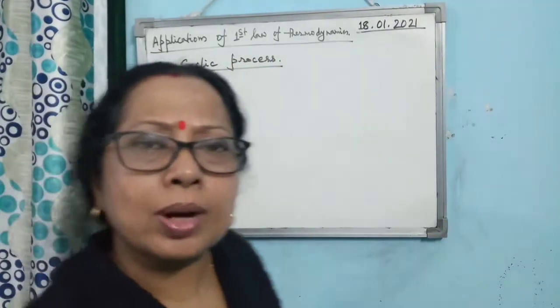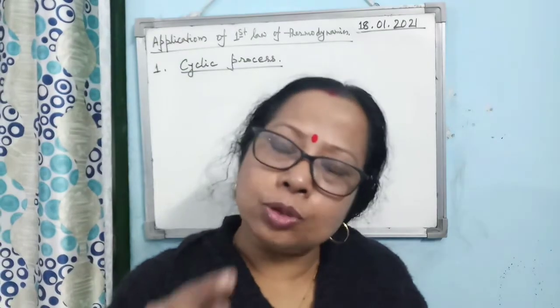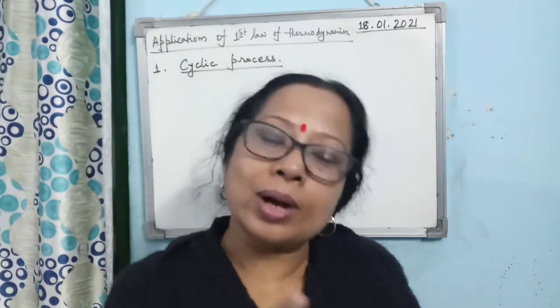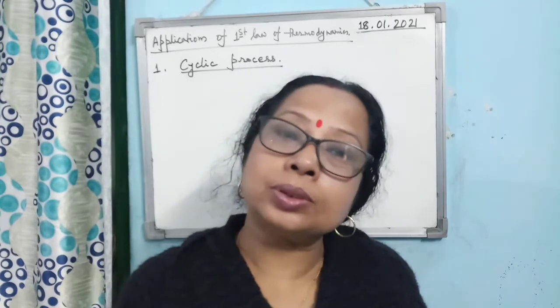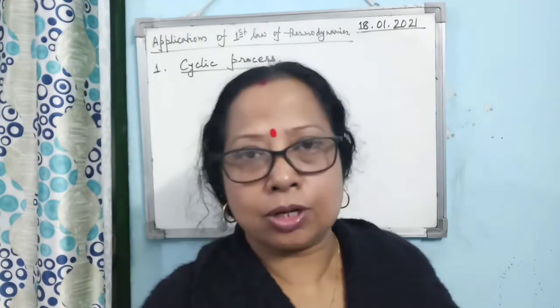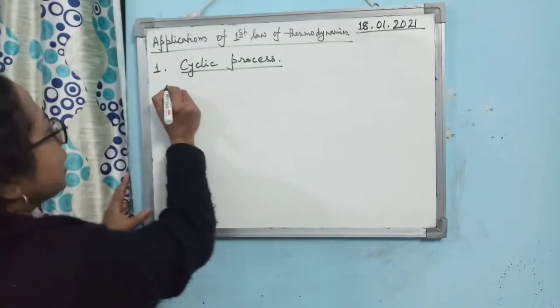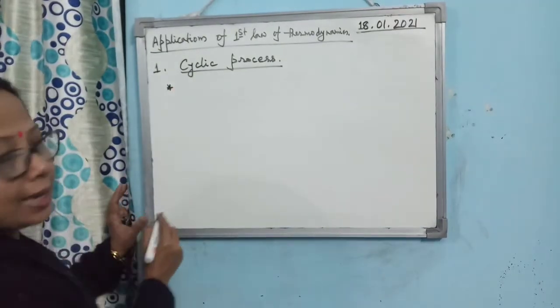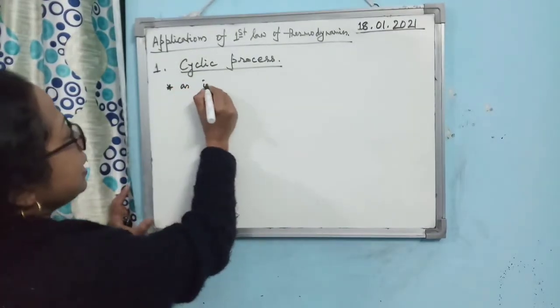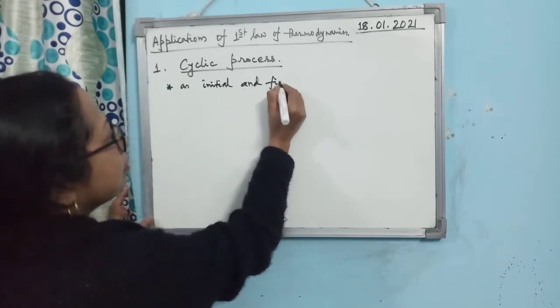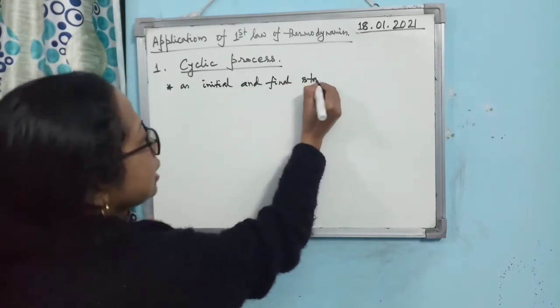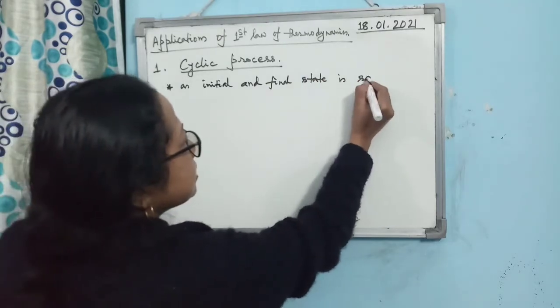Cyclic process means what? You are taking the system through a cyclic path, through a closed path, and you are going back to the same initial state. So for a cyclic process, the first point is that the initial and final state are the same.